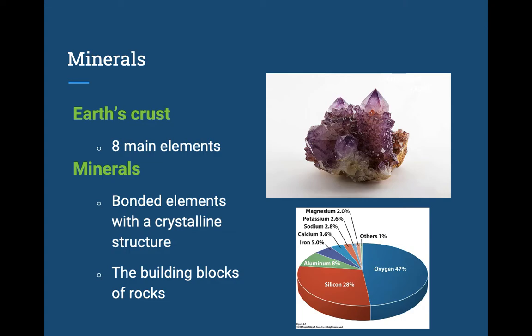What's kind of cool about this is even though we're pretty much working with about 8 of these primary things, we can still have this incredible variety of material that's making up the crust itself. So when we have these elements bond together, okay, little atoms of elements, when they bond together in a specific way, we get minerals.